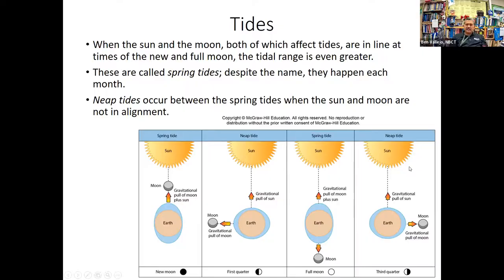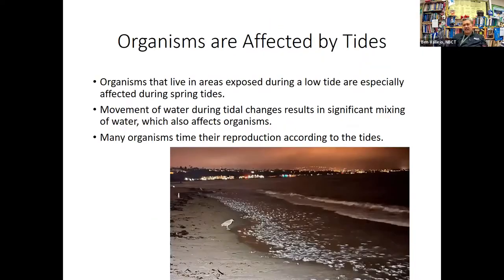So those are the tides, and some organisms like these grunion here, during the summer months in Southern California, actually use the tide patterns as times to reproduce.